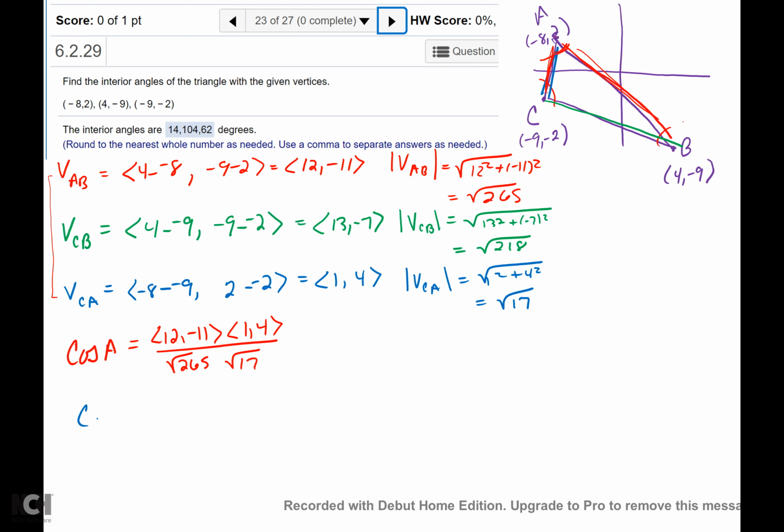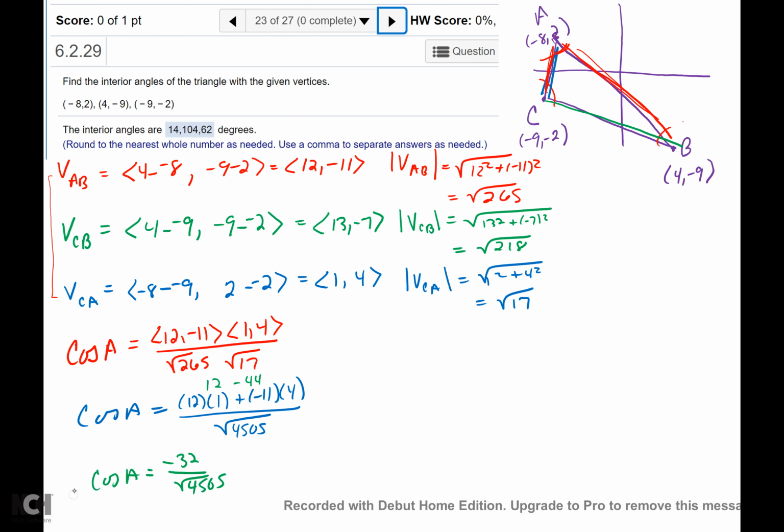That gives me cosine A equals 12 times 1 plus negative 11 times 4 over the square root of 4505. On top, I'm going to have 12 minus 44, which gives me cosine A equals negative 32 over the square root of 4505.